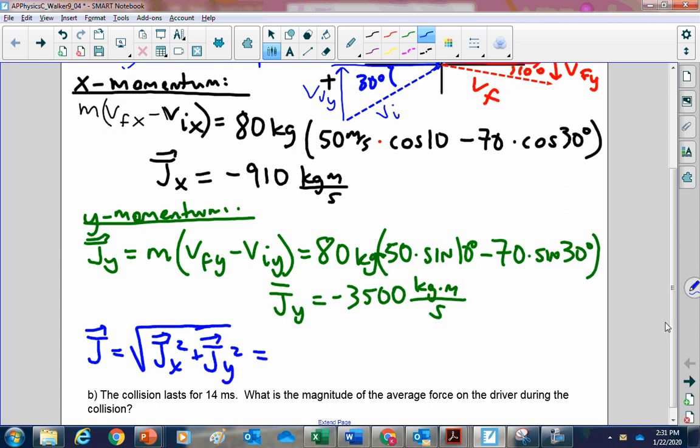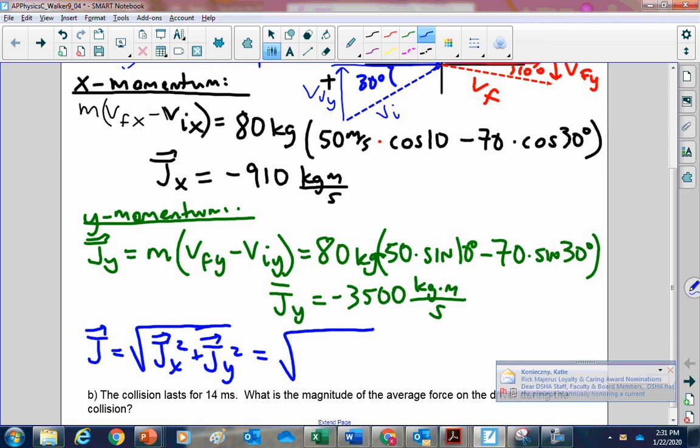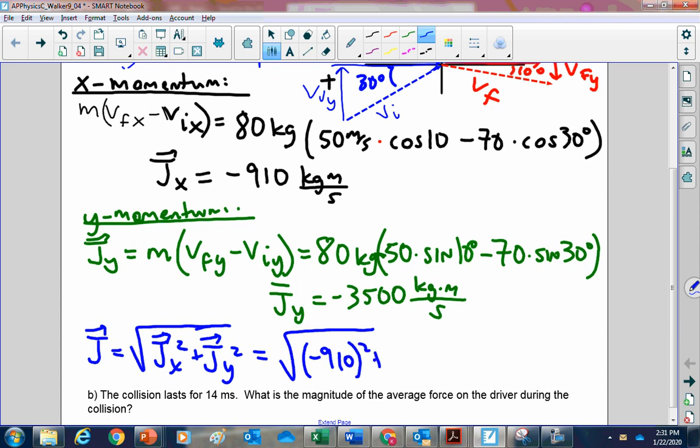Okay, so do that stuff, and negative 910 plus negative 3,500 squared.